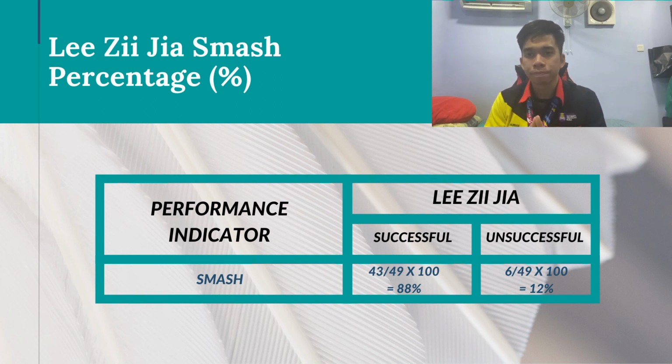But in general, there are 49 smashes where 43 are successful and 6 are unsuccessful, bringing a percentage of 88% successful and 12% unsuccessful.